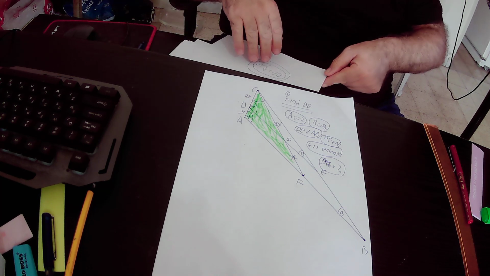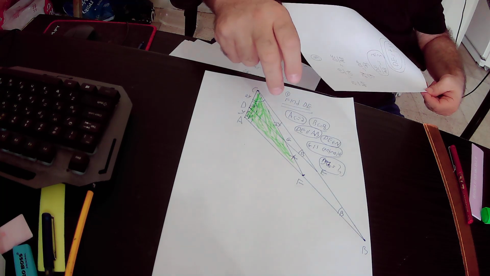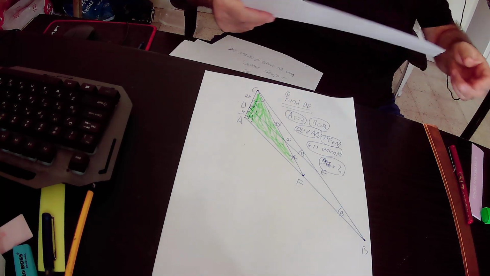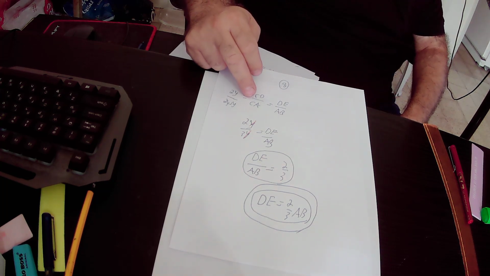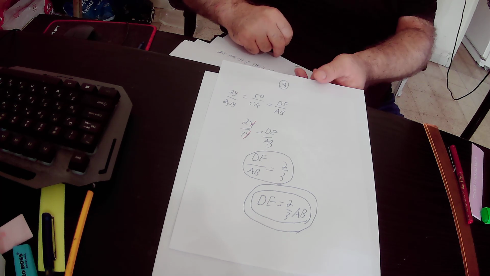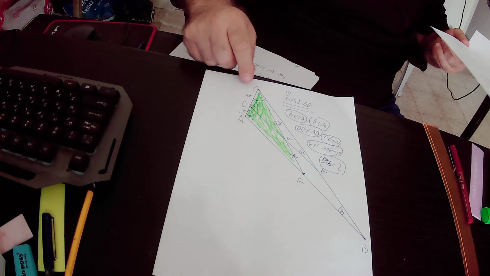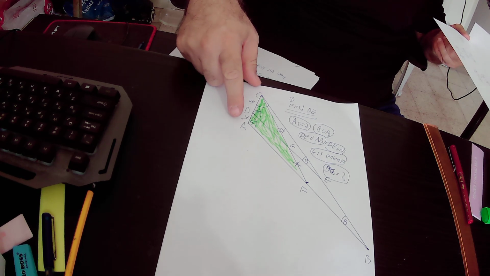Again, because the big triangle ABC is similar to the small triangle CDE, we can conclude that CD over CA equals DE over AB. Okay, but what is the value of CD? CD equals 2y.